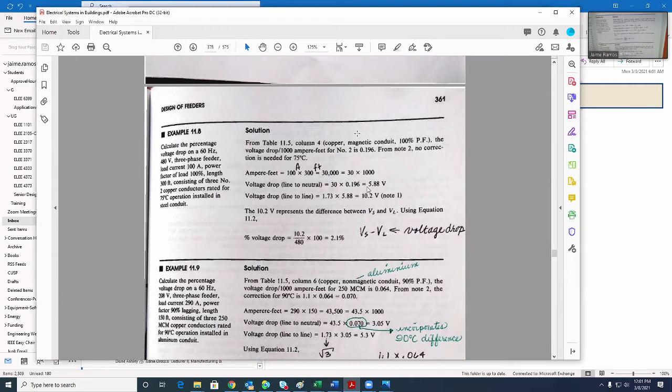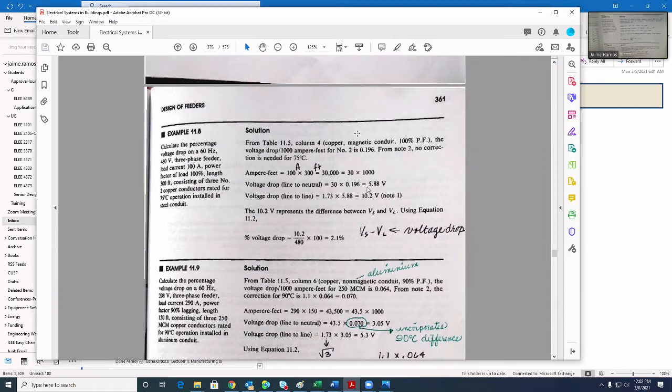So here they have this metric, which is the ampere-foot times 1000. See, the first row in the calculation is how many ampere-feet. That's 100 amps times 300 feet, so that's 30 ampere-1000 feet. Then with that 30, go to table 11.5.